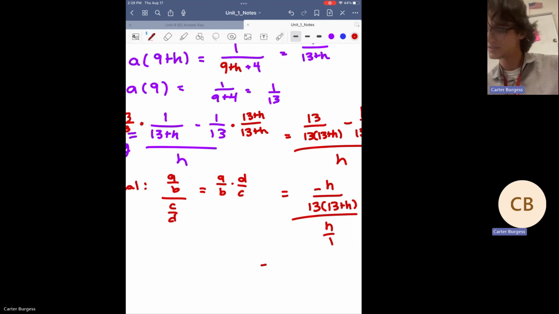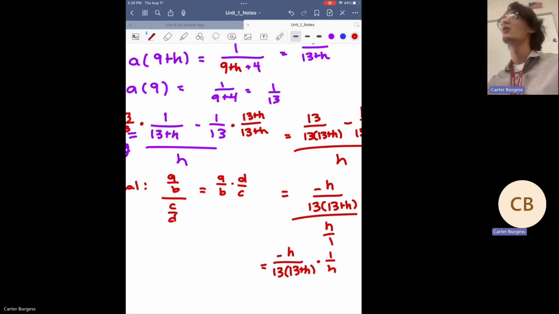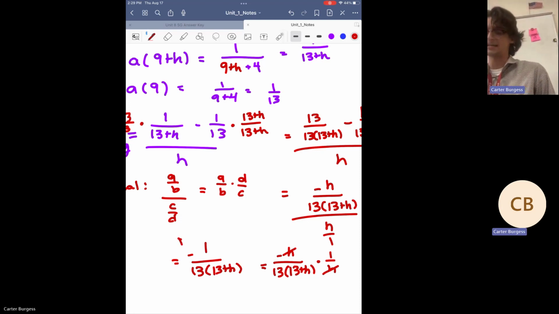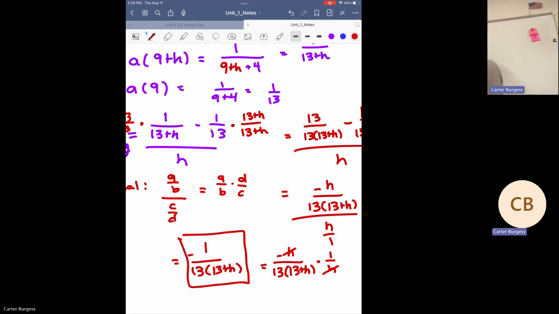That is going to give us negative h over 13 times 13 plus h times 1 over h. What is going to happen with my h's? They are going to cancel, and we are going to end up with negative 1 over 13 times 13 plus h. And that is our slope.